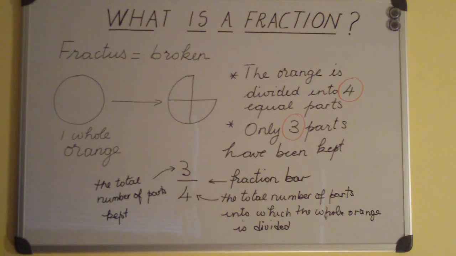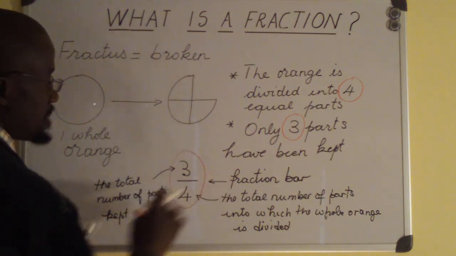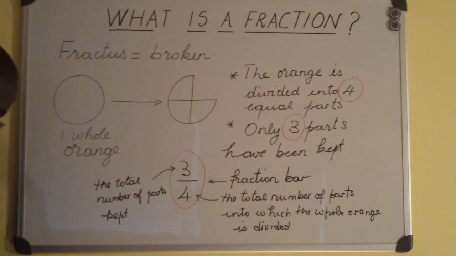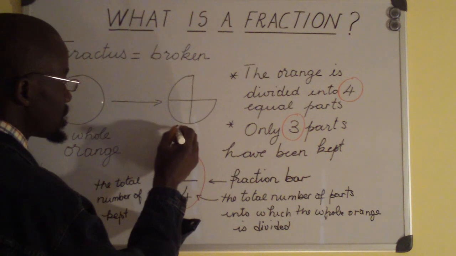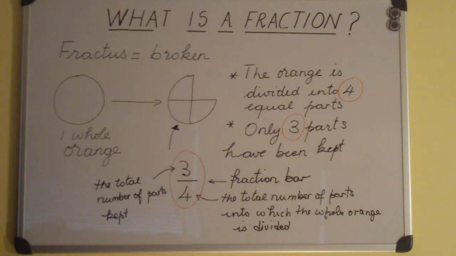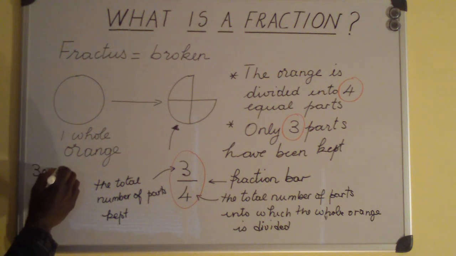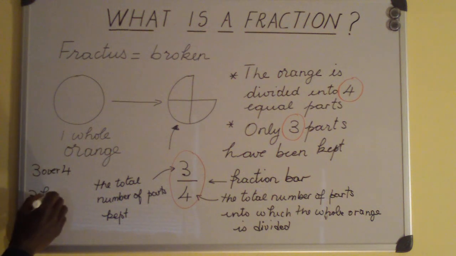Once I have finished doing that, then the symbol that you see here, 3 over 4, is now the symbol or the number that represents the broken quantity we have here. And this fraction is read in one of two ways. You can read it as 3 over 4, or you can also read it as three fourths.